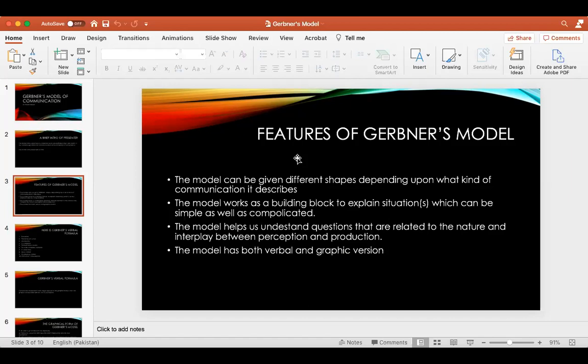Also, like I said, Gardner's model can work as a building block. You can take out only the parts that you need to explain a situation related to communication, and you can omit other parts. You can be selective. You can really expand on it. It's the beauty of Gardner's model, and it's written in the features of Gardner's model.